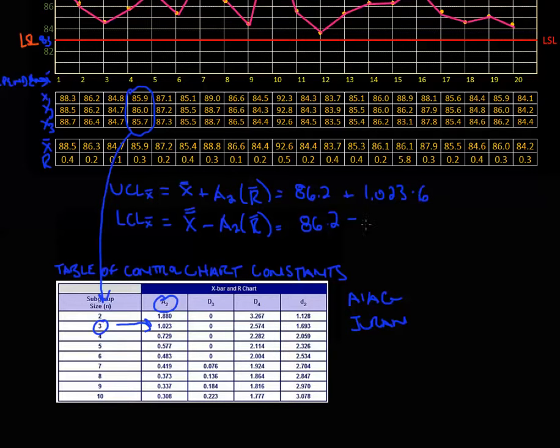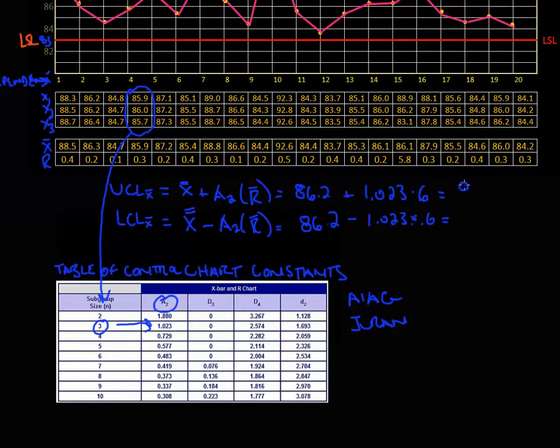Let me put a point there. 1.023, and this is times 0.6. So if we do our math really quick, and this is just about 1. I've done the math offline. So basically 1 times 0.6 is 0.6.